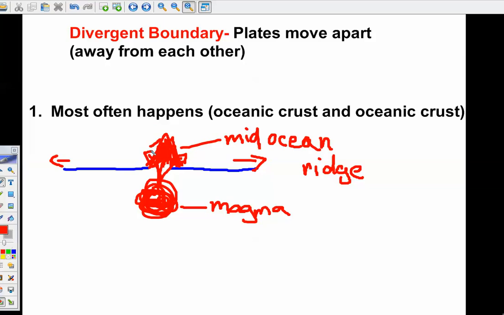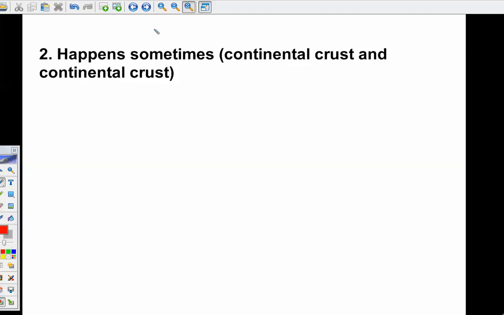This can happen occasionally on land when we have two types of continental crust that are moving away from each other. When it does this, a rift valley forms. So we're talking about divergent, they're moving away from each other.